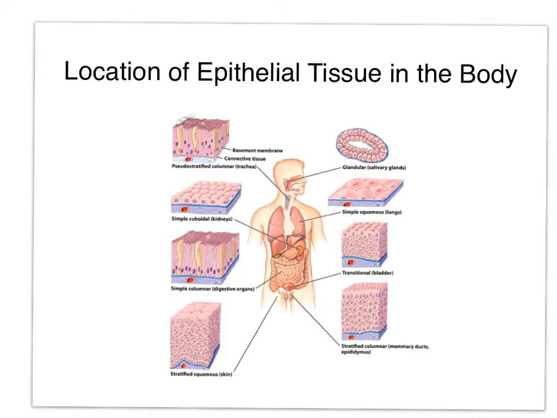For instance, you have several different types of tissue in your body that can stretch. Most of them are connective tissue, right? Your blood vessels need to be able to stretch. Your heart needs to be able to stretch. Your nose and your ears need to be able to stretch. Your lungs need to be able to stretch.